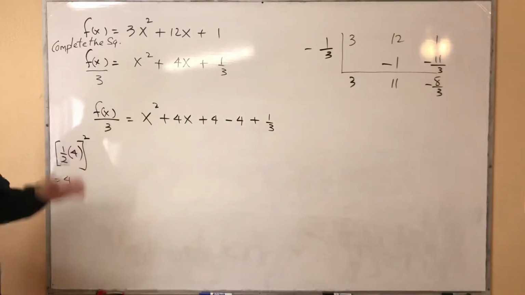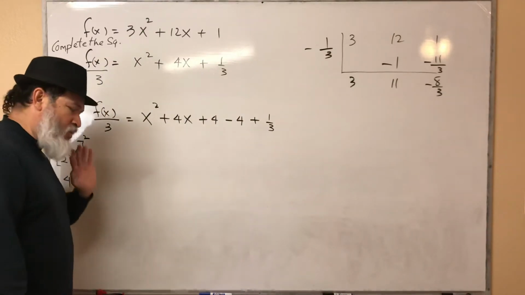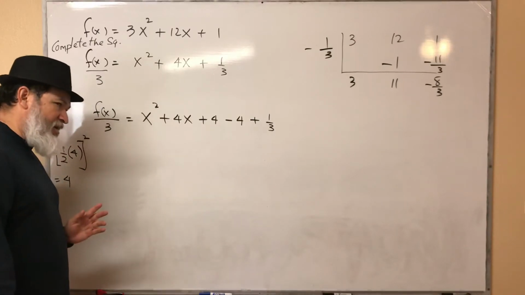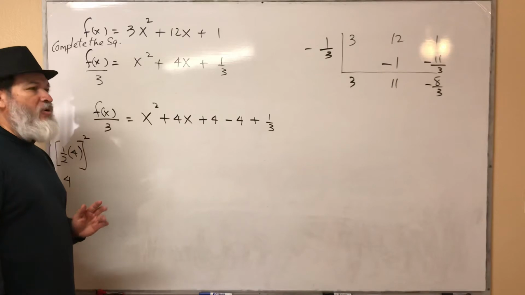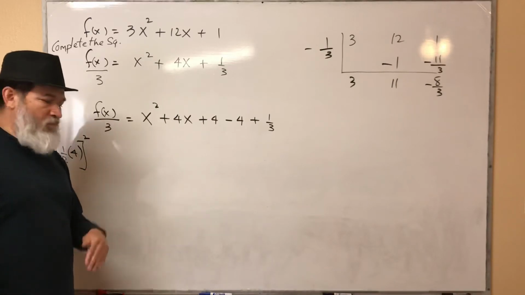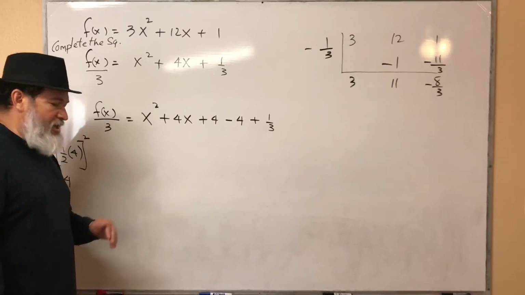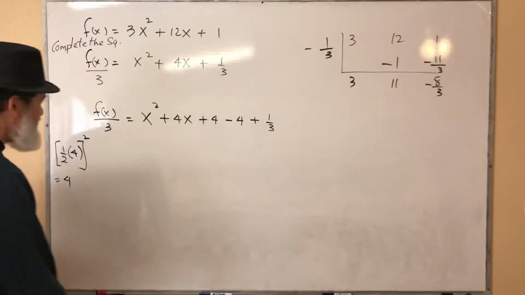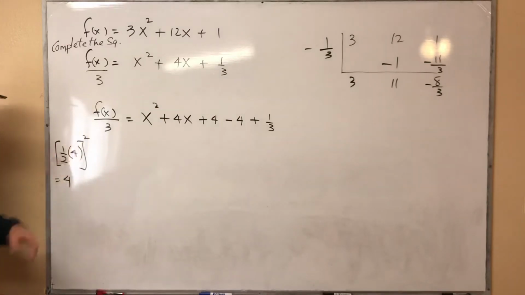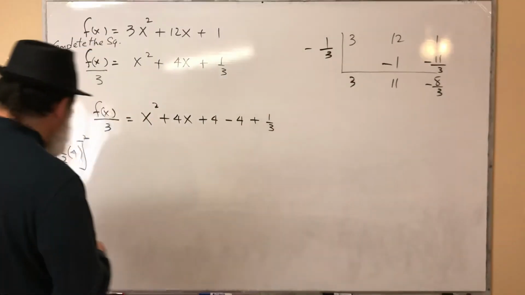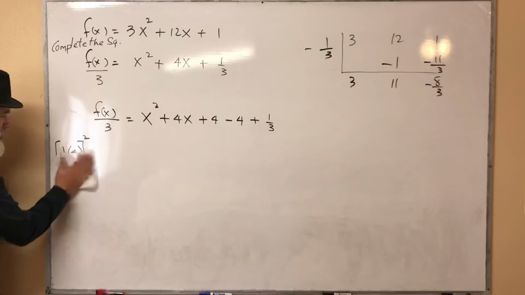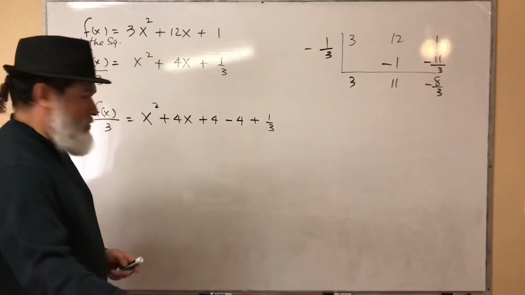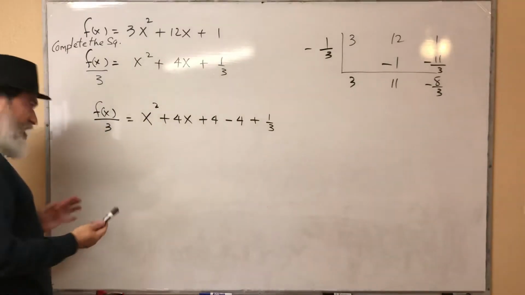I'm trying to show you why we were not able to find real zeros. We did p divided by q, and we didn't find anything. Okay? All right. So now you guys have this. Let me erase it. Okay. I think I have completed the square.